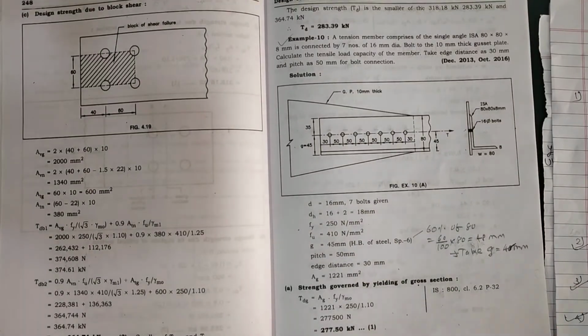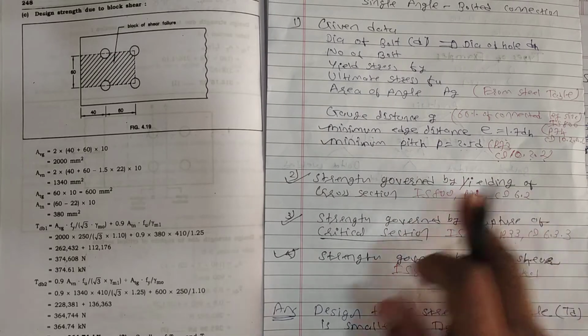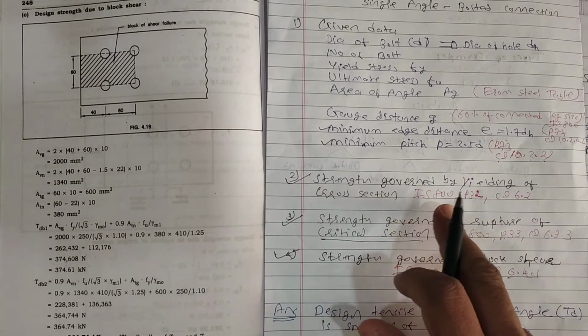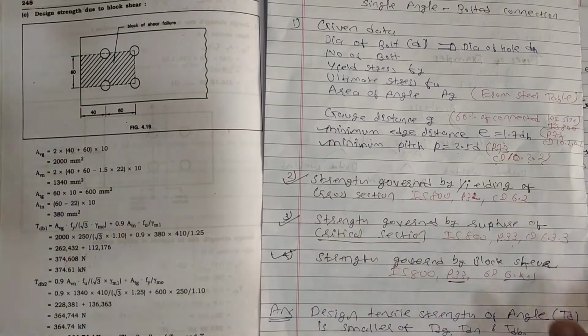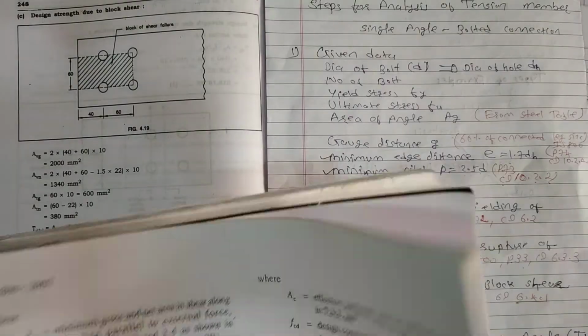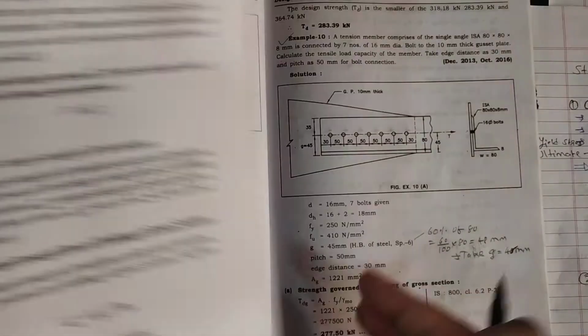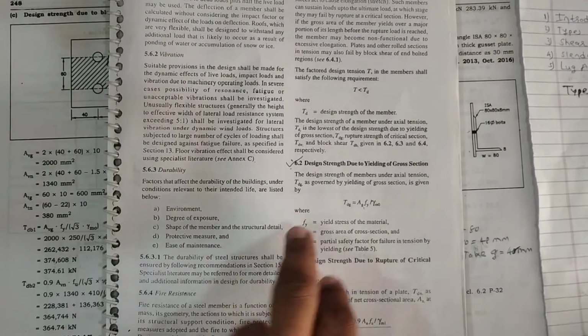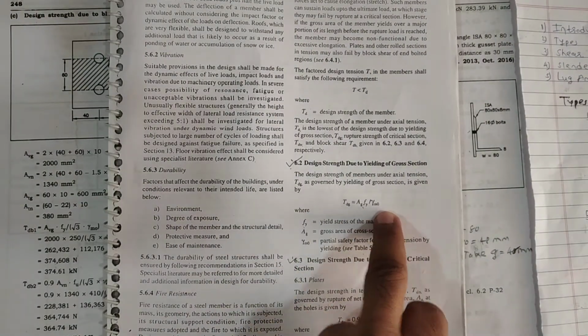Now the first step, what is that? Strength governed by the yielding of cross section, page number 32 clause 6.2. So look at this page number 32. Tdg equal to Ag Fy divided by gamma m0.